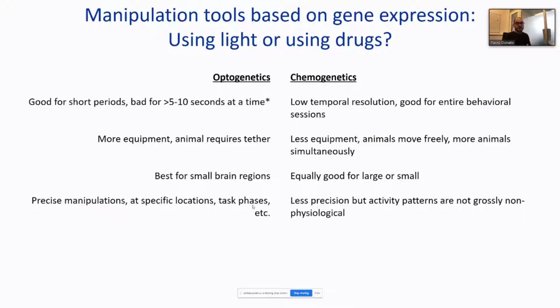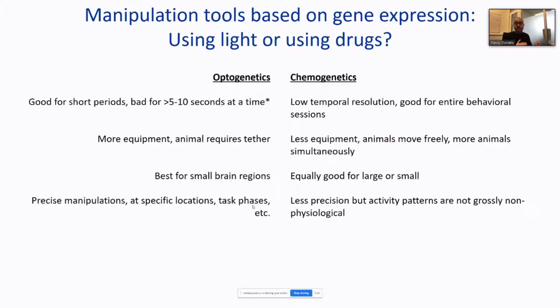But the advantage of having chemogenetics, especially in the DREADD form, is what I was telling you before. Because DREADD works on the excitability of the neuron, with optogenetics it's like throwing a grenade into the brain. You shine the laser, you activate or inhibit all the neurons that express the channel. You have no way of creating this in a more physiological way.